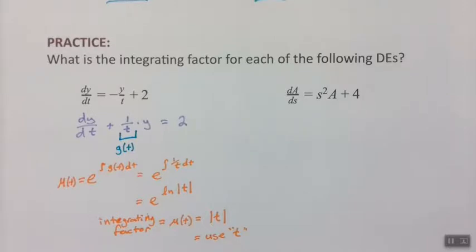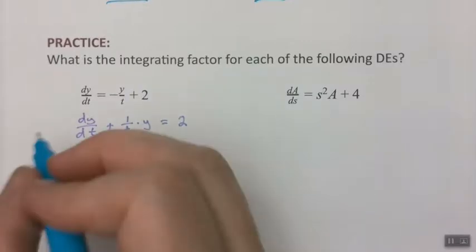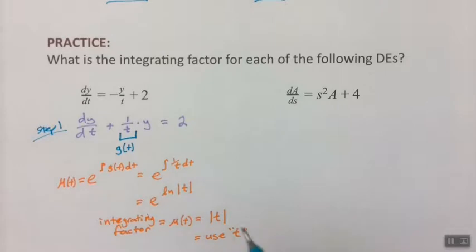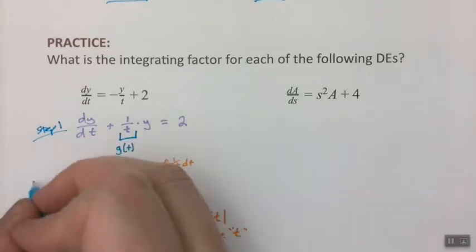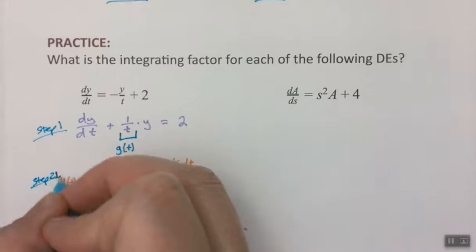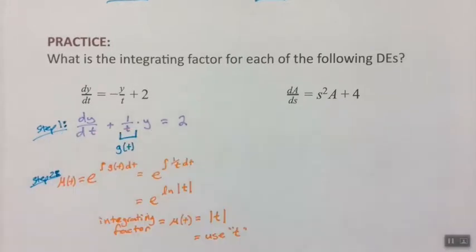So we'll come back to this, but I just want to identify what we've done here. We did step 1. And then step 2, we computed the integrating factor. And we could go on and do steps 3, 4, and 5. But I just want to show you what the integrating factor is for the other one.